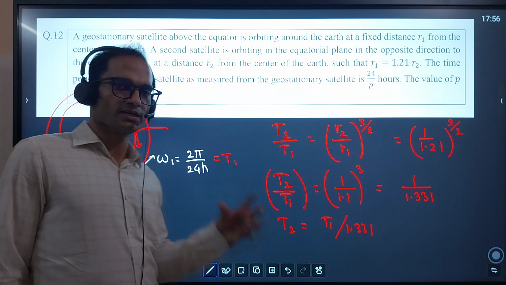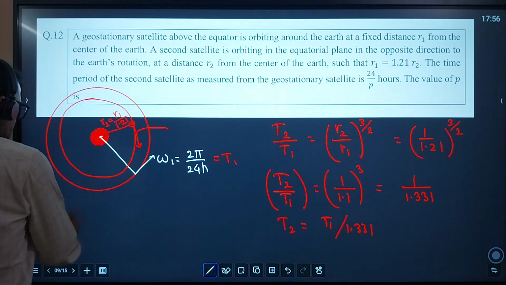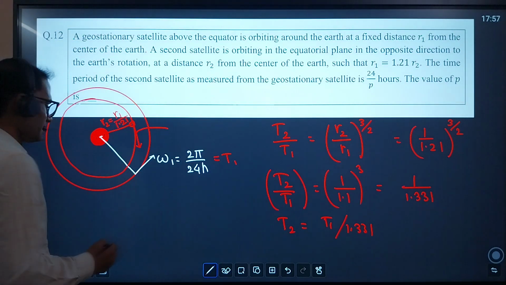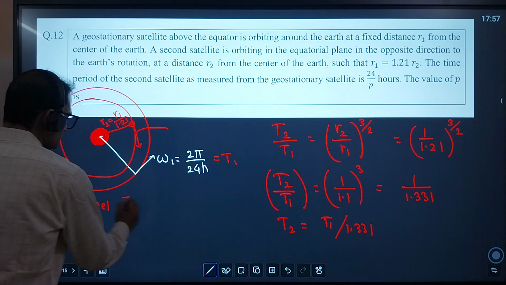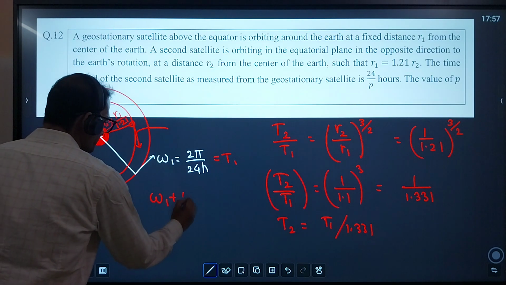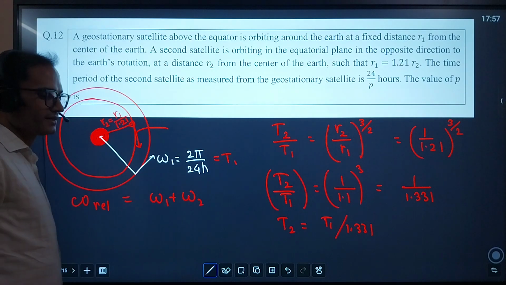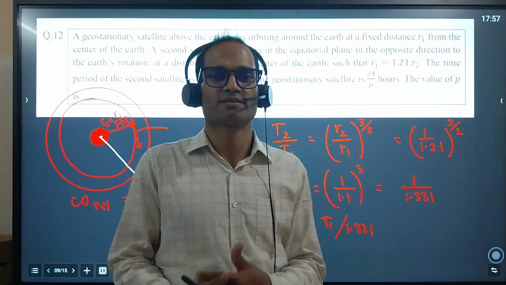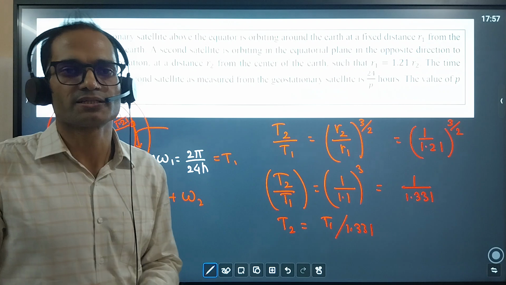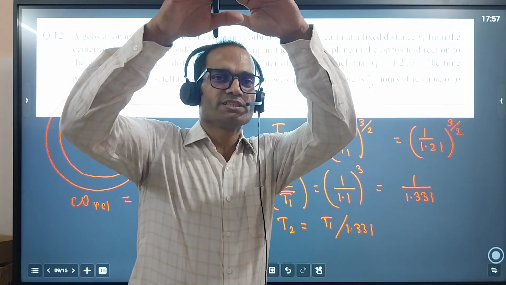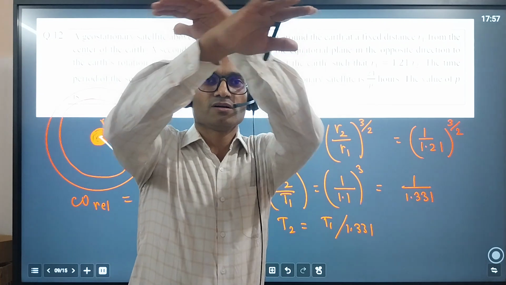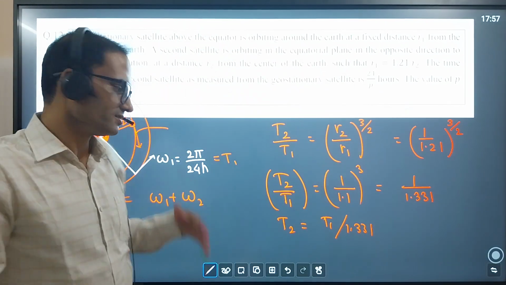Now we have to find T relative, so let us find omega relative. Omega relative will be omega 1 plus omega 2. For relative velocity we subtract, basically, because they are moving in the opposite sense, so the effective angular velocity will increase.